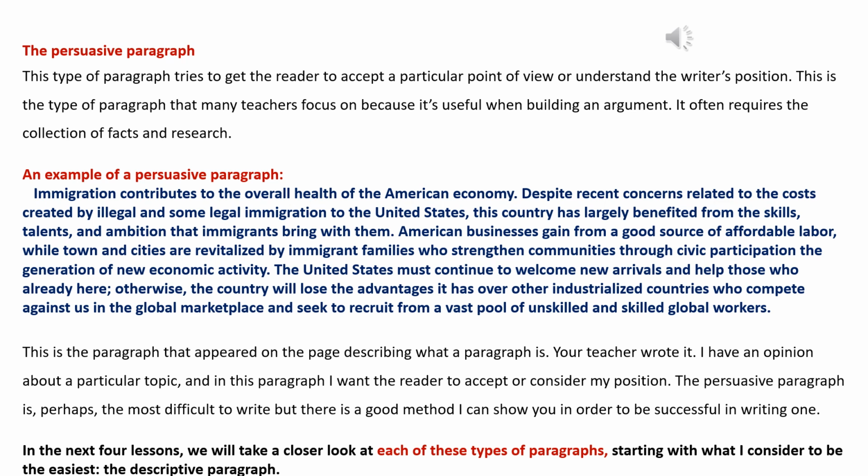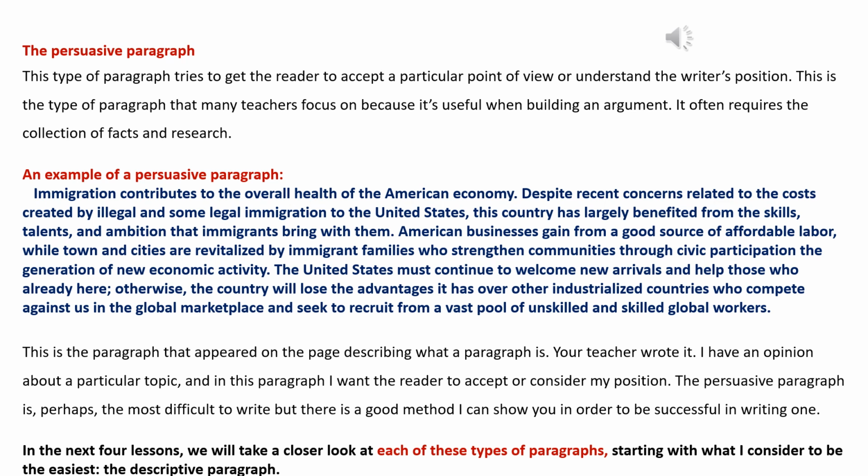The United States must continue to welcome new arrivals and help those who are already here. Otherwise, the country will lose the advantages it has over other industrialized countries who compete against us in the global marketplace and seek to recruit from a vast pool of unskilled and skilled global workers.